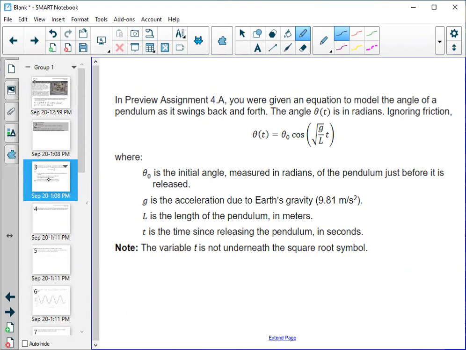G is the acceleration due to Earth's gravity, that's 9.81 meters per second squared. L is the length of the pendulum in meters, and t is the time since releasing the pendulum in seconds. Note, the variable t is not underneath the square root symbol.